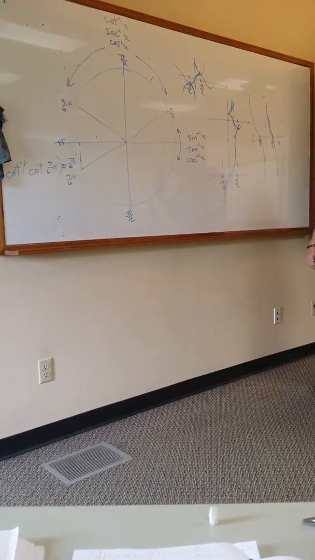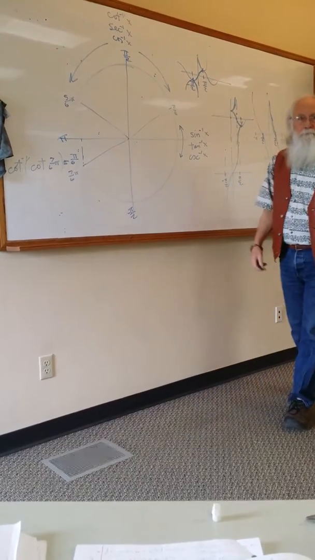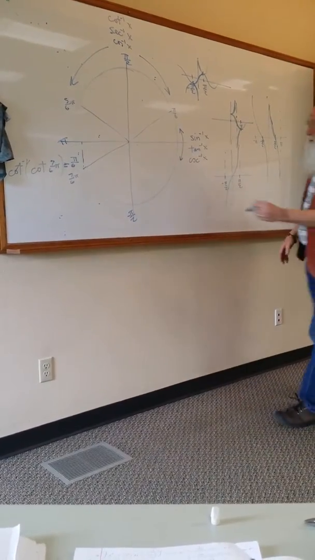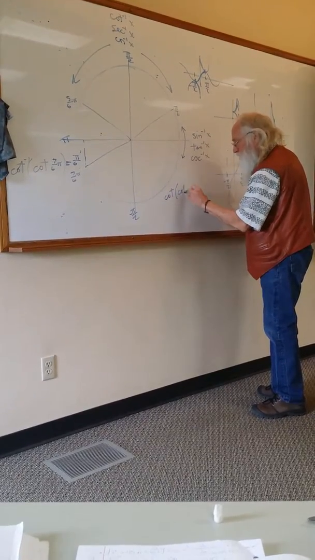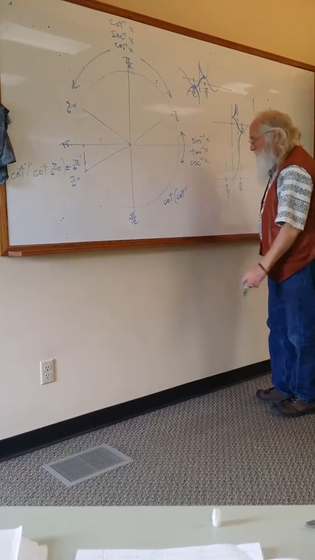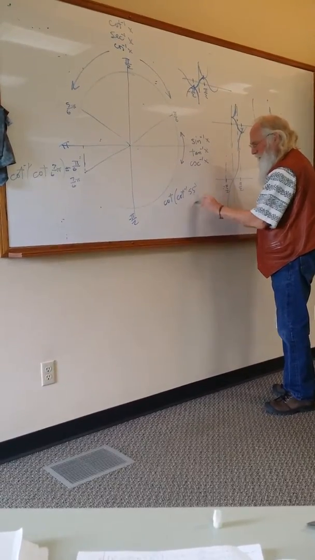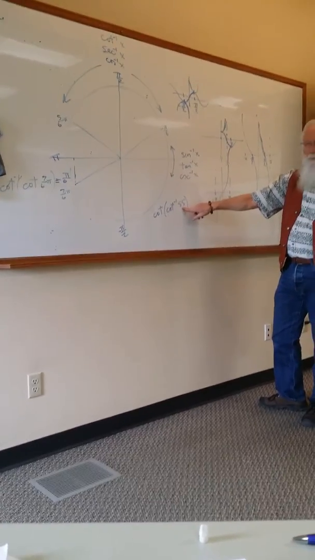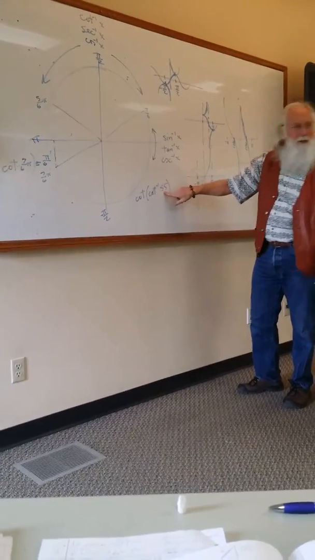So that's where you have to be careful when the arc function is on the outside. On the other side, you don't, because remember, if you have the cotangent of the arc cotangent of 55, this is the angle whose cotangent is 55.